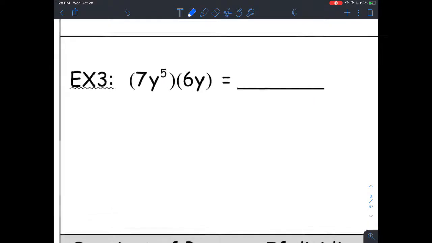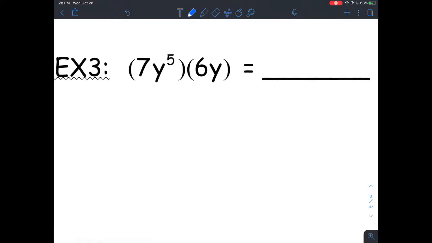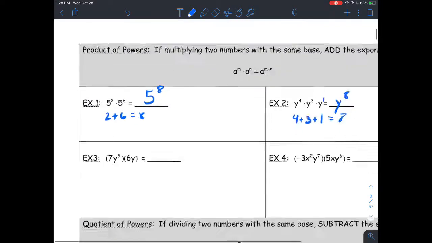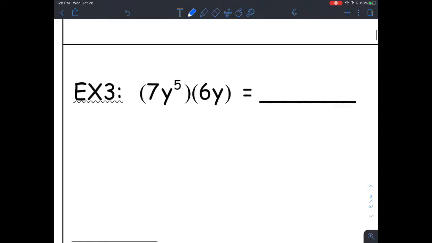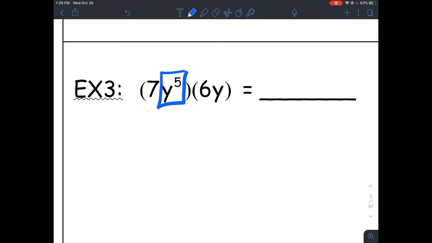All right, so for example 3, before, none of these terms had numbers as coefficients of the variables that are being raised to the power. So if you look here, we've got our y terms. Those we're going to do just like we've been doing: take our powers and add them.